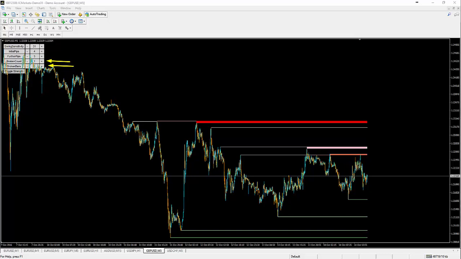If I adjust this value to 0, this means that every single support and resistance level you see here has not been broken a single time, 0 times, right? So this sets a strict criteria that you will only consider support and resistance levels which have not been broken a single time.